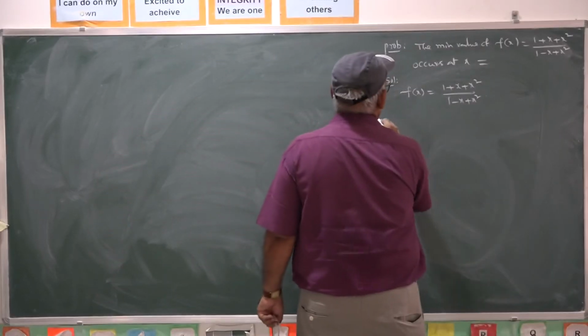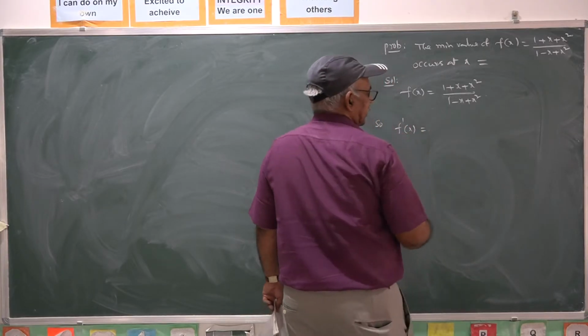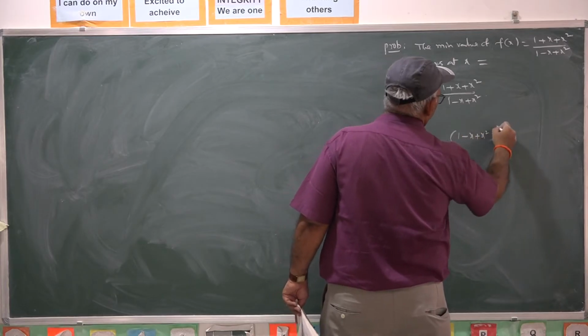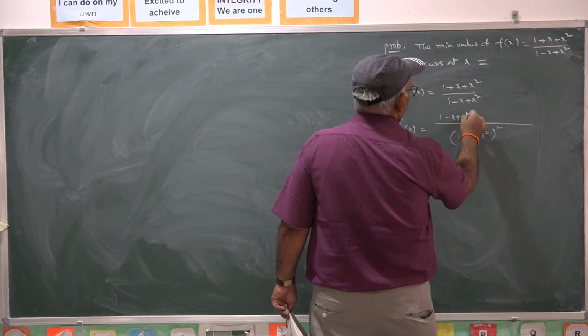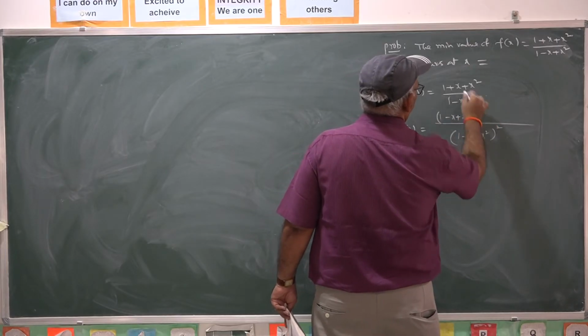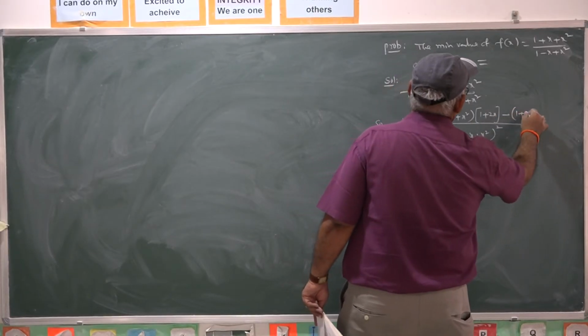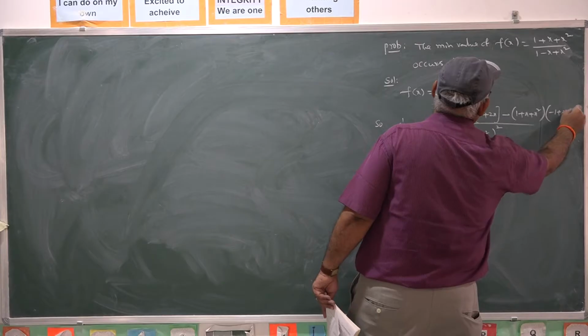So f dash x, by the u by v rule, is denominator square, denominator into derivative of numerator, which is 1 plus 2x, minus numerator into derivative of denominator, which is minus 1 plus 2x.